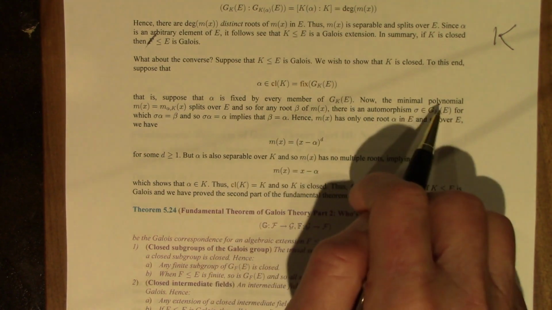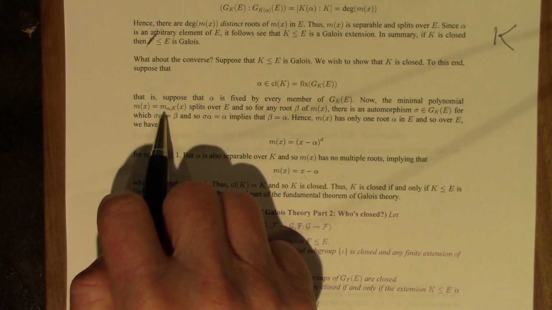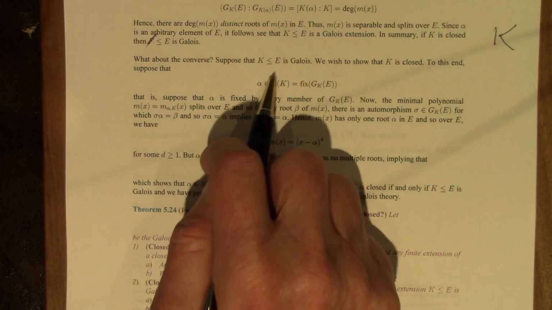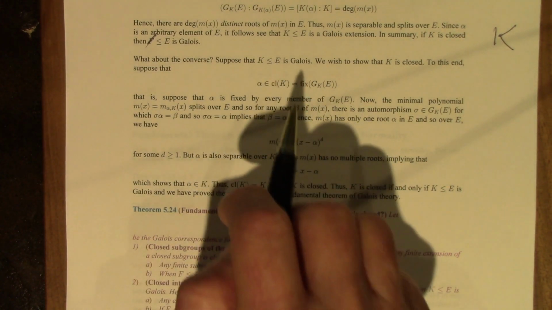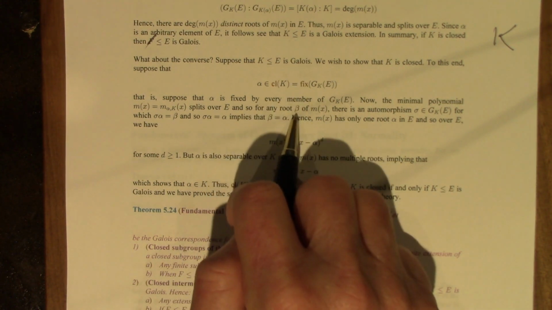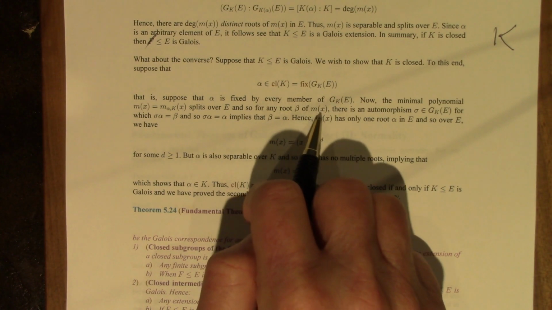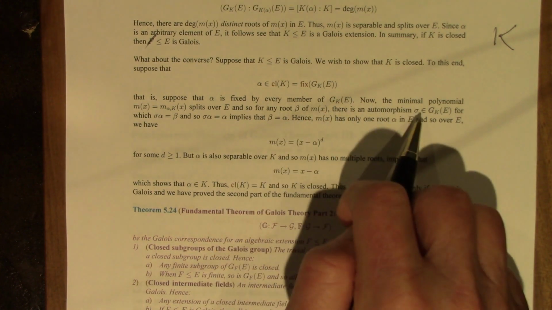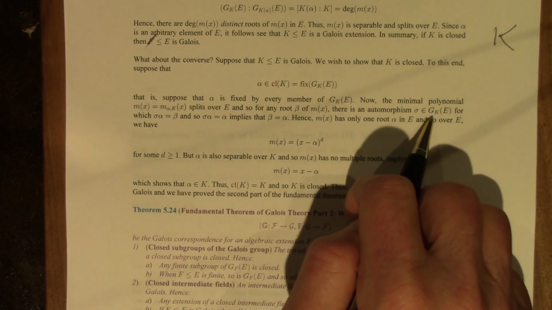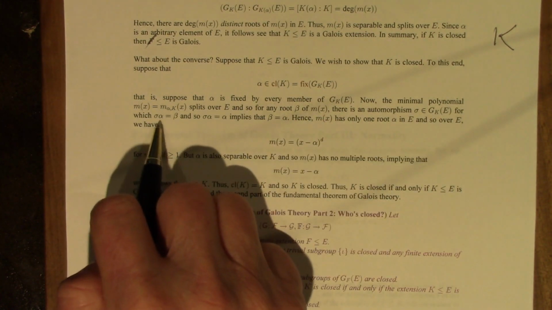Now, the minimal polynomial of alpha over K splits over E because KE is Galois, because it's normal. And so for any root beta of the minimal polynomial, there's an automorphism sigma in GKE that sends alpha to beta.